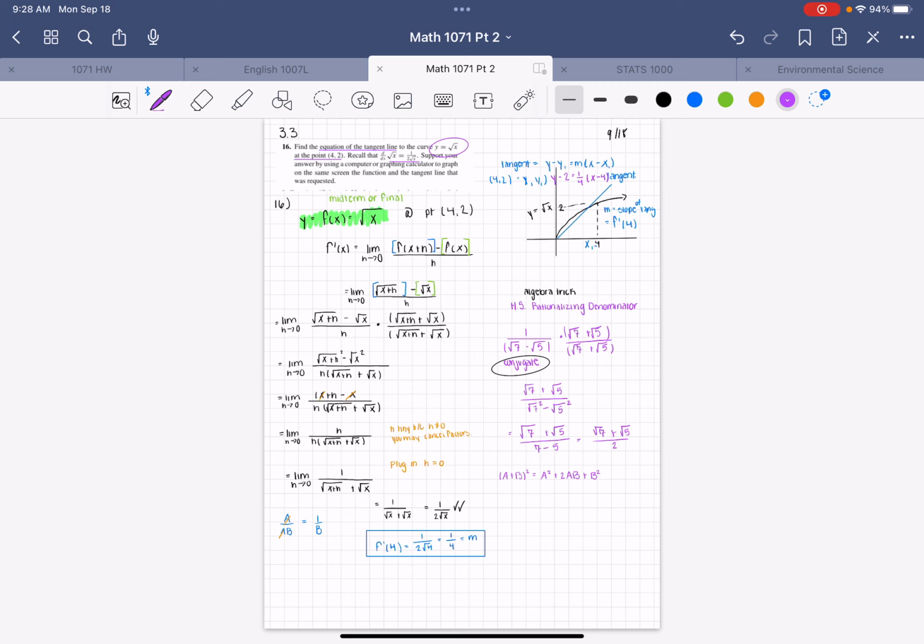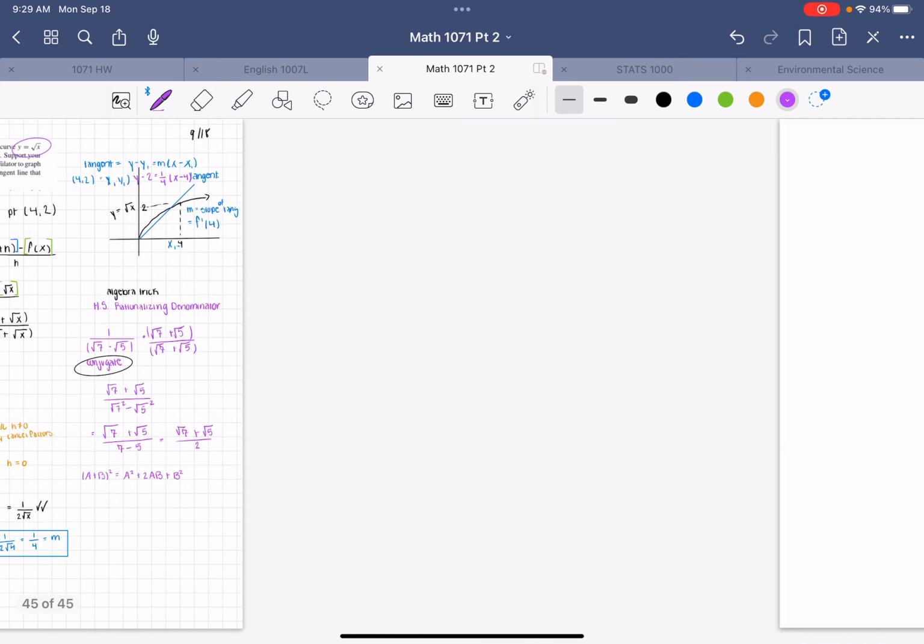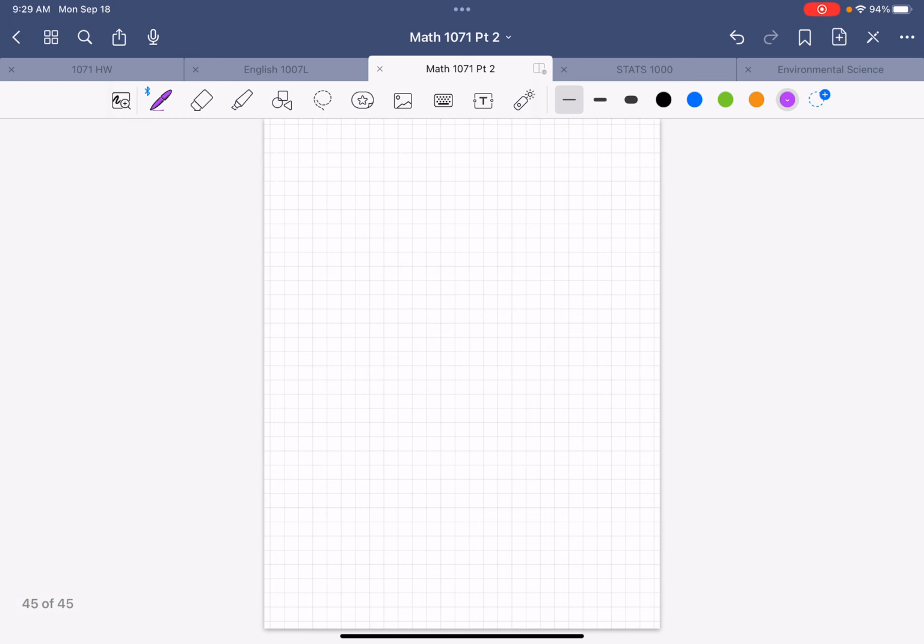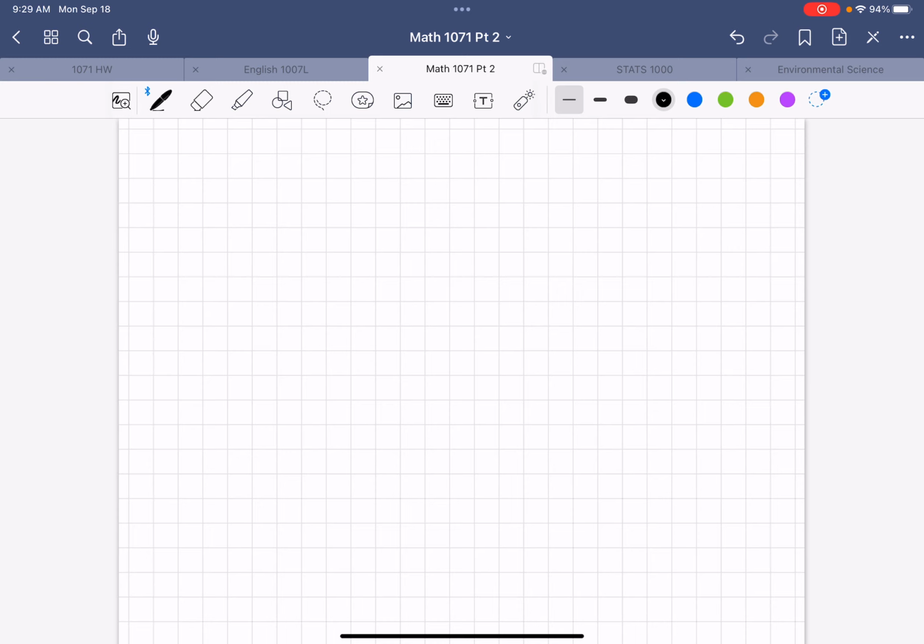And in fact, this number 16 that we just did is going to be a good case in point. 4.1 is really just a summary of the stuff that we've been doing.